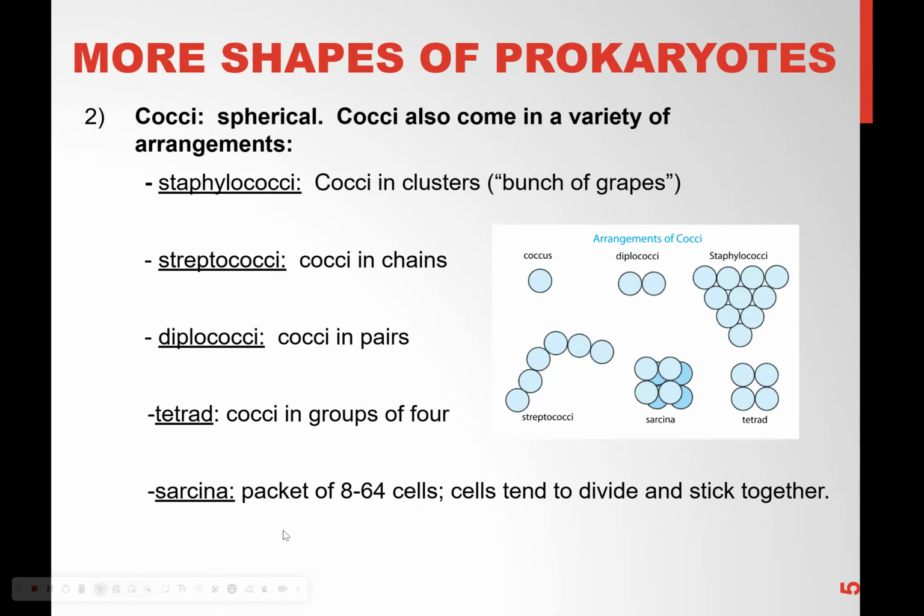They can be in a tetrad, a group of 4, or they can go 3D and be almost cuboidal. It says sarcina, a packet of 8 to 64 cells. These cells tend to divide and stick together. They act like a fully functional community, dividing and maintaining their structure.